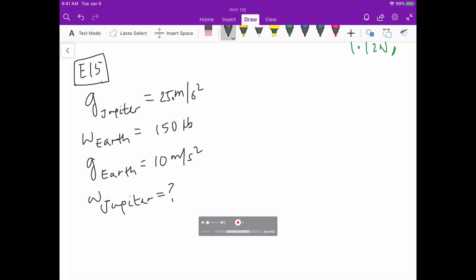So as you can see here, gravity on Jupiter is 25, which is how many times larger than on Earth? 2.5 times, right? So her weight will also be proportional to how much the gravity increases. So it's going to be 2.5 times the weight on Earth.